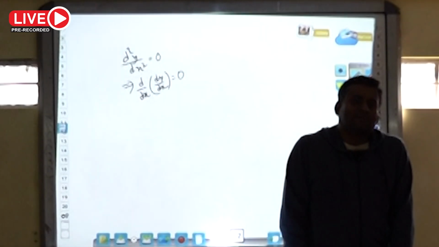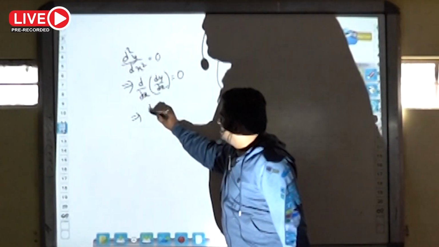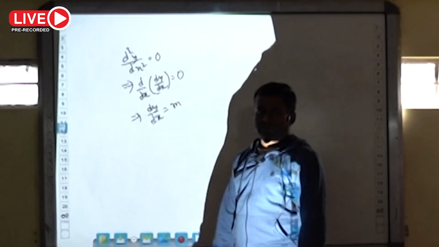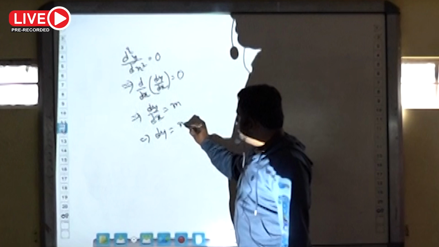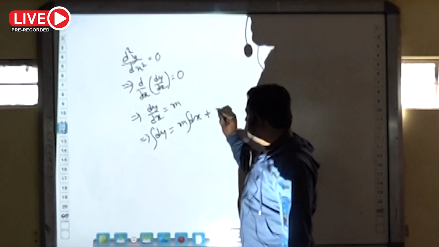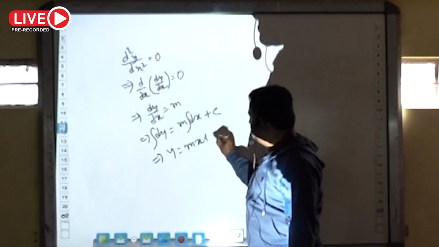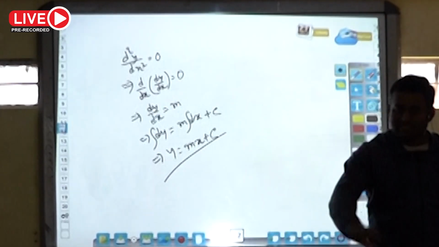So if the derivative of any function is 0, then the function is constant. So write dy dx equal to constant, dy equal to m dx, there should be some integration constant, the equation of a straight line, which means the particle is moving on a horizontal surface.